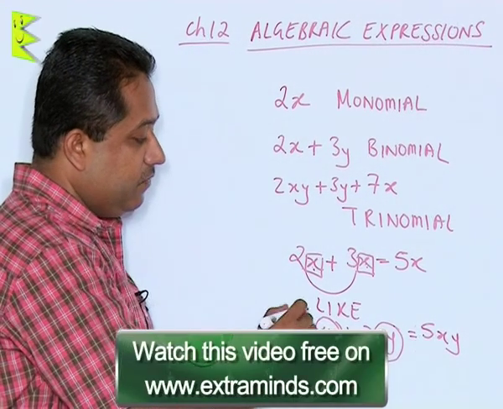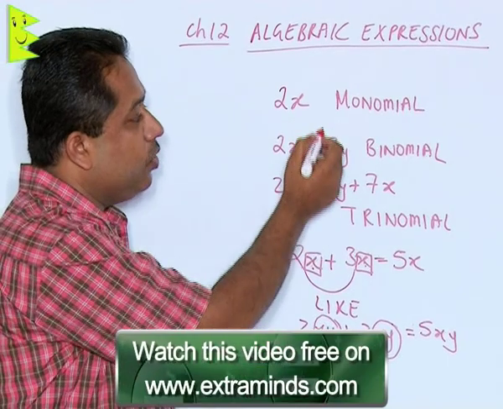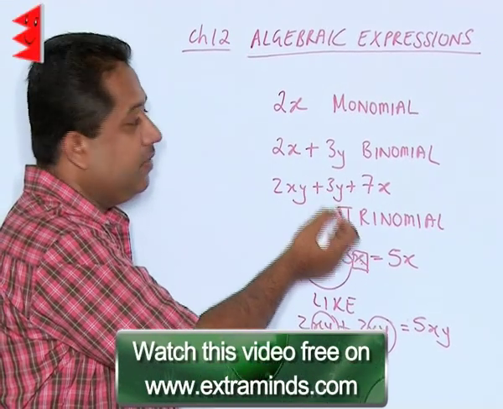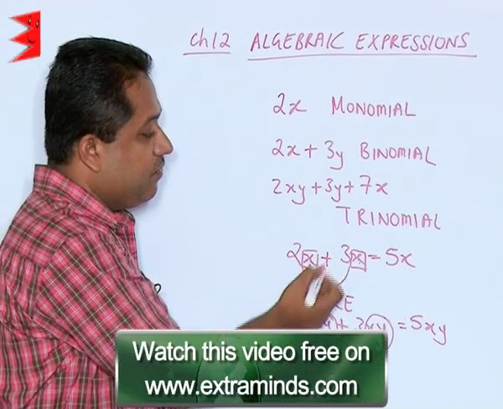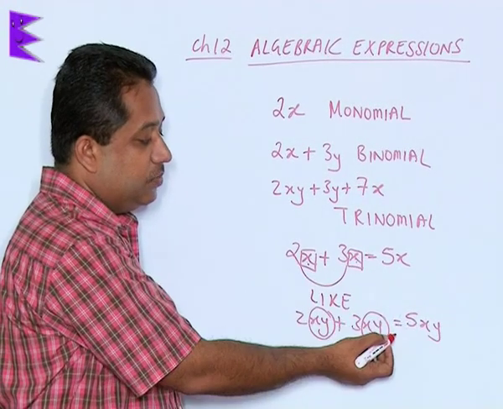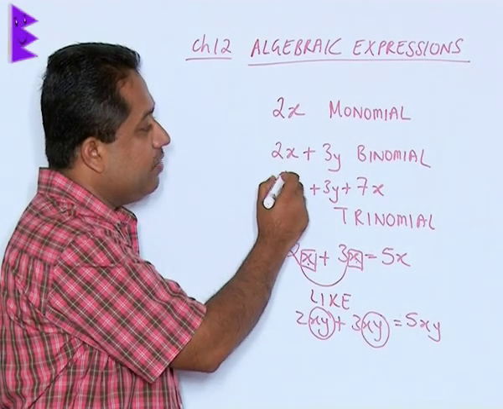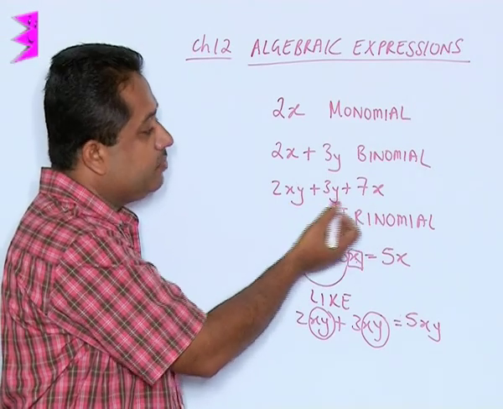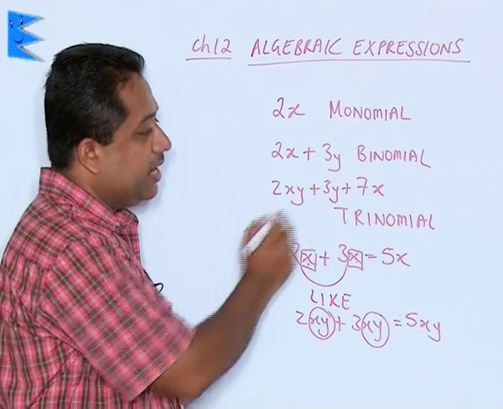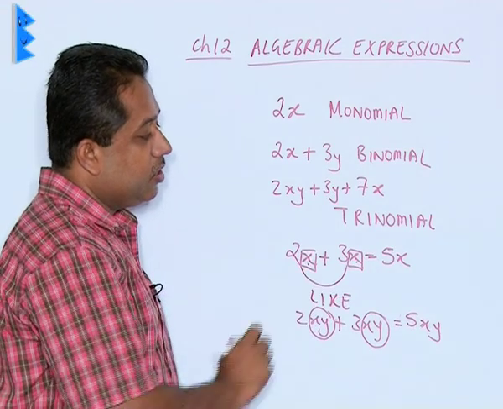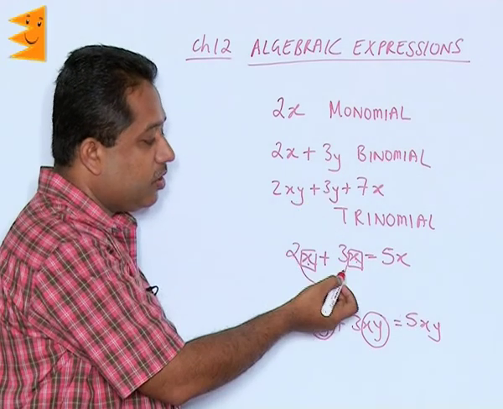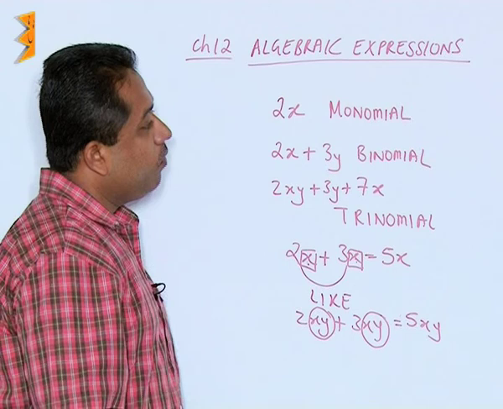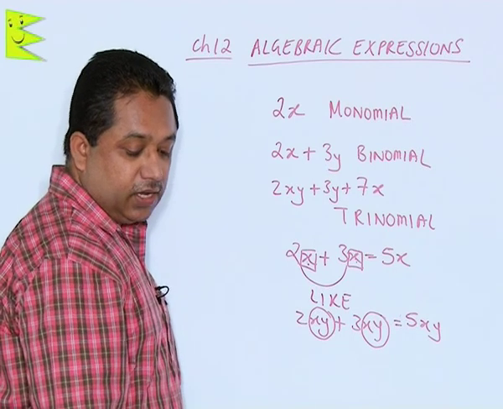So, we have to be very careful that when we classify monomial, binomial and trinomial, they have to be simplified, as in these cases we observed, and we also have to see that they are made up of unlike terms, because unlike terms cannot be added or subtracted, and hence we can make the final conclusion whether it is a monomial, binomial or trinomial.